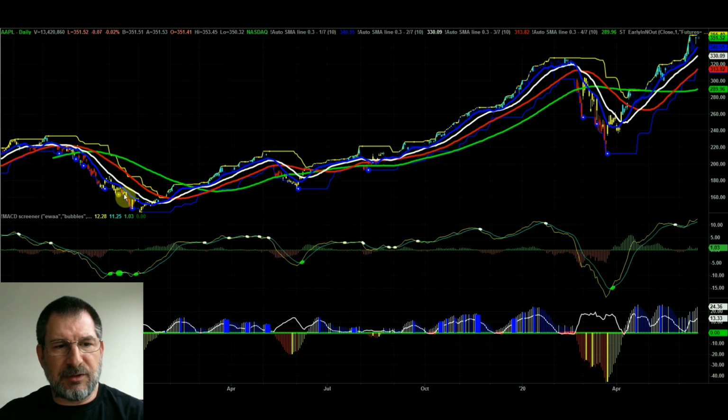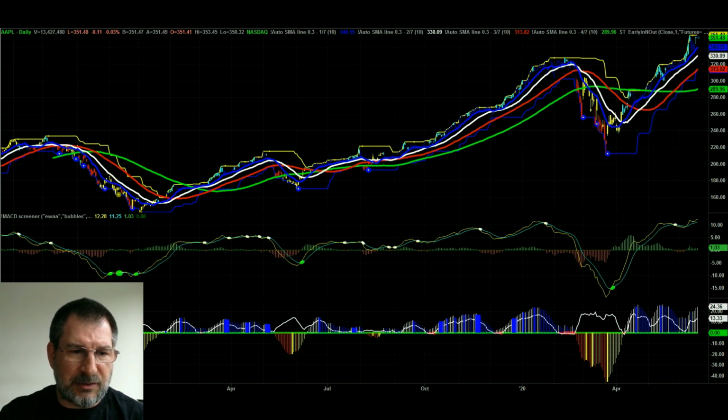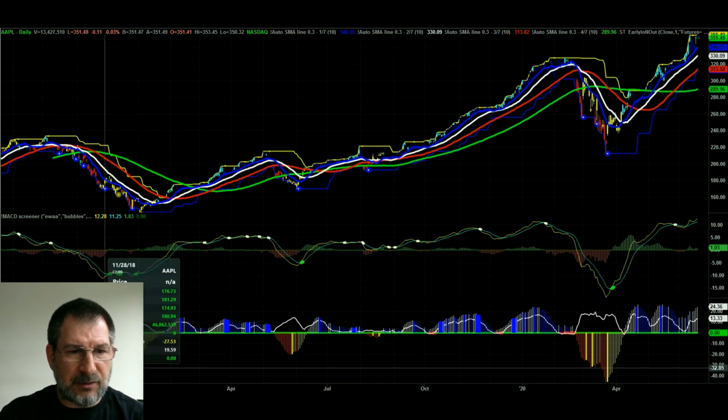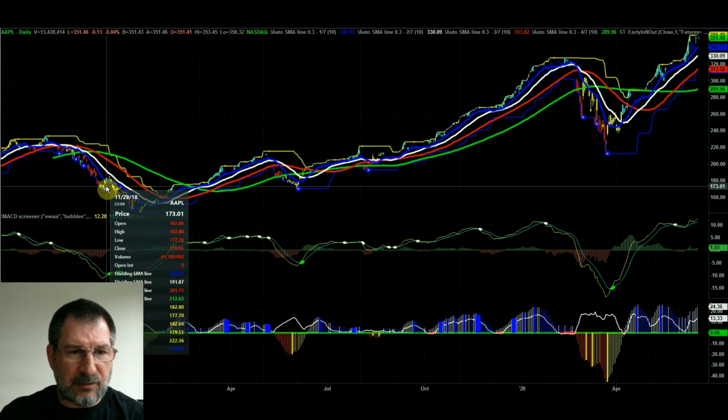There is this thing called divergence we've mentioned. Basically the height of these peaks or valleys is important. This is a much smaller valley than this valley here, and in this case you're looking also at the price. The price at this point here was 173.